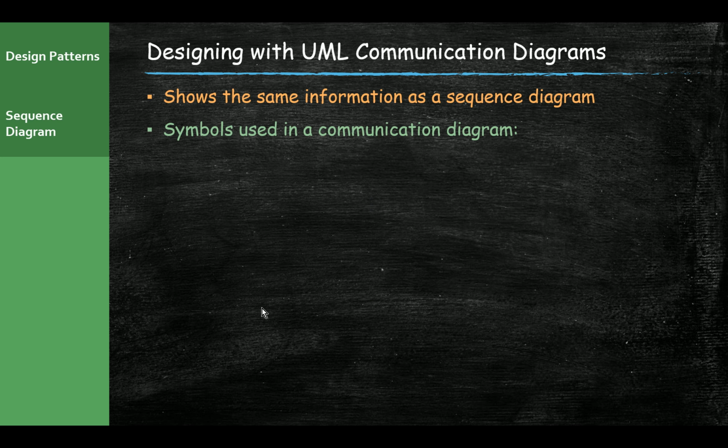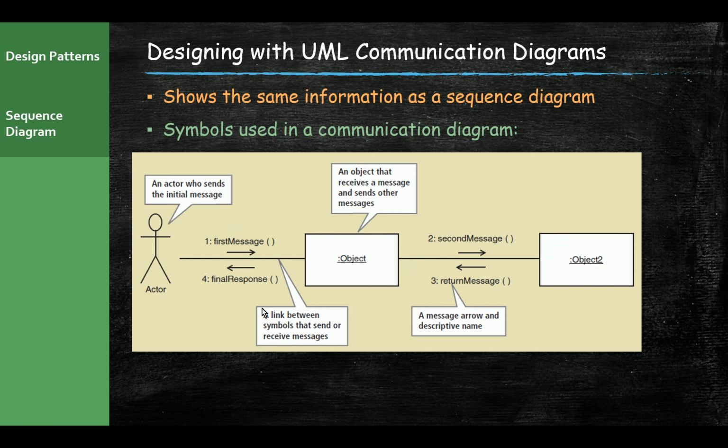Now, designing with UML communication diagrams. We've talked about sequence diagrams, and now we're going to touch on communication diagrams real quick. We did talk about communication diagrams previously in the analysis phase, so we'll talk about them a little bit in the design phase as well. This is basically what a communication diagram would look like. You've got your objects, and you show all the messages between them.